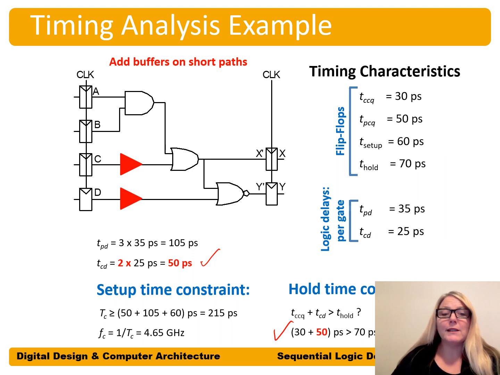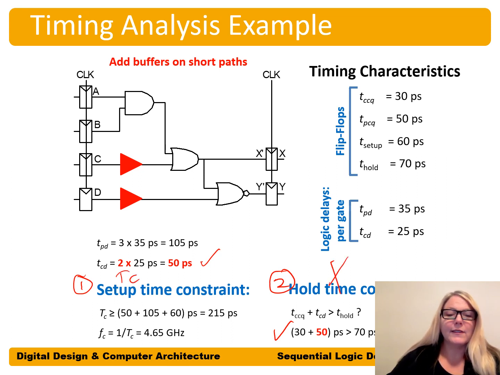So remember, in timing analysis, we're always doing 2 calculations: setup time constraint and hold time constraint. Setup time constraint is also called the cycle time constraint. And if our hold time constraint isn't met, the other calculation, setup time constraint, doesn't make sense because our circuit won't run reliably at any frequency.